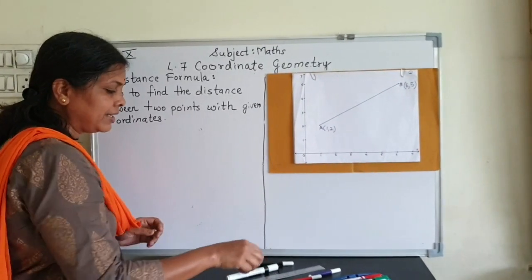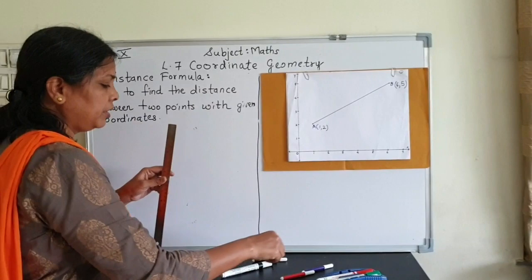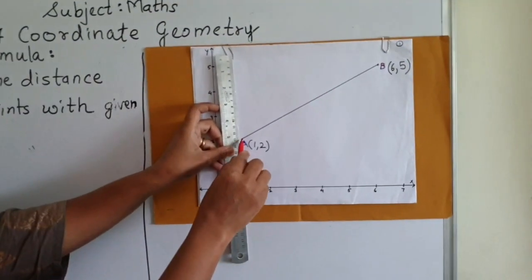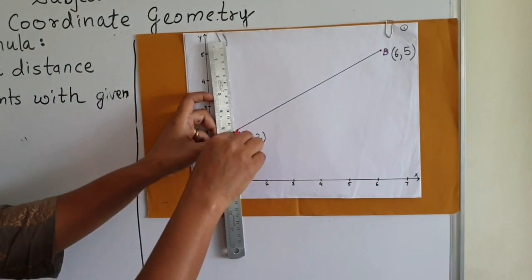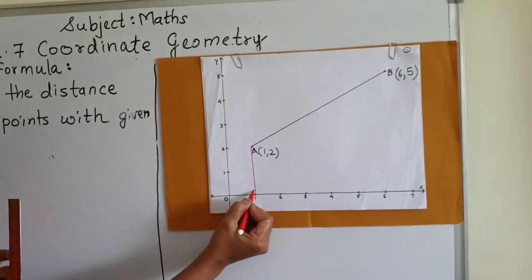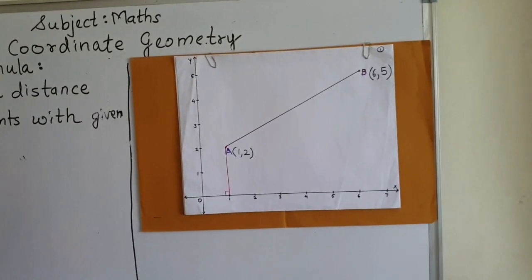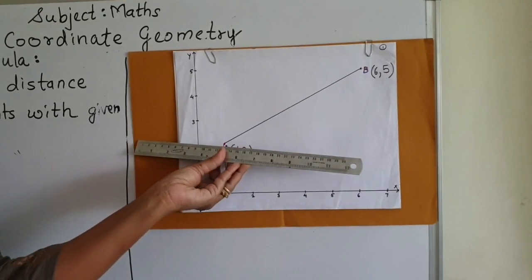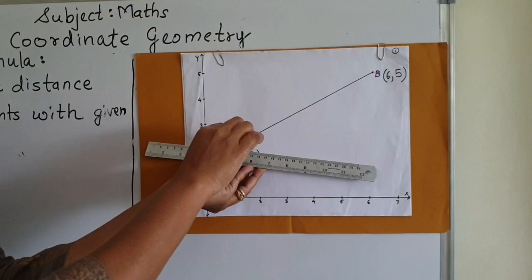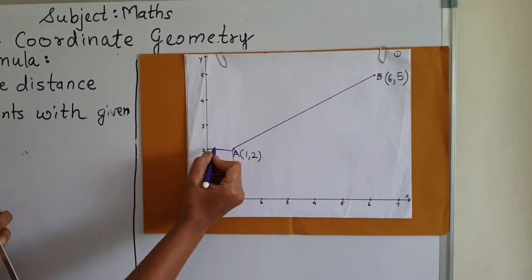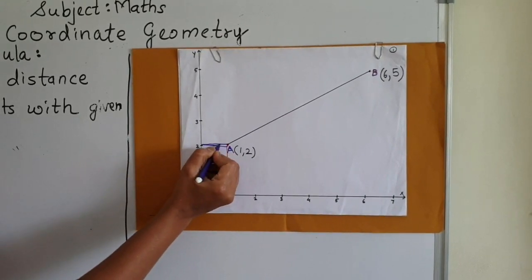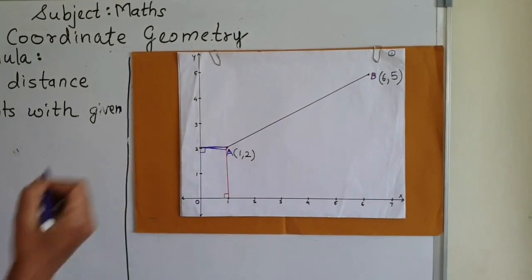So now with the basics, what we do here, that we draw a perpendicular on y-axis from point A. It is meeting over here. Then we drop a perpendicular from point A on x axis, and perpendicular is on y axis.